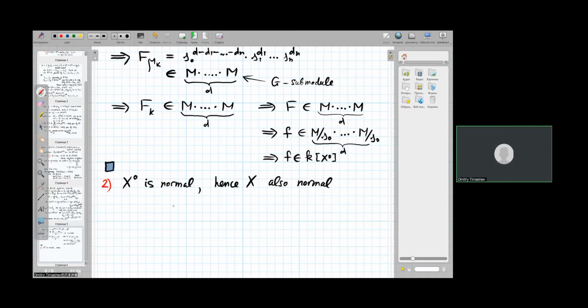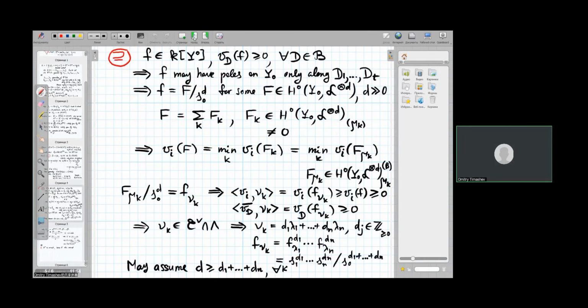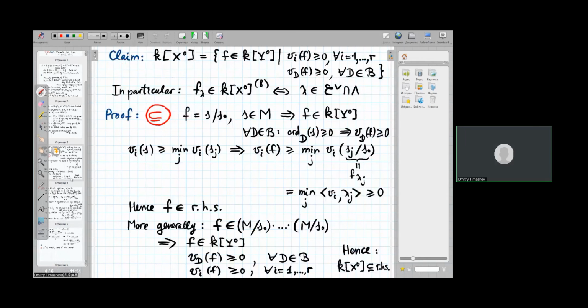So why is X naught normal? It is actually some piece of commutative algebra. If you look at the description of the coordinate algebra of X naught in this form given by the claim, so this is actually the algebra of functions on something which is smooth on the open B orbit, satisfying some inequalities given by valuations.